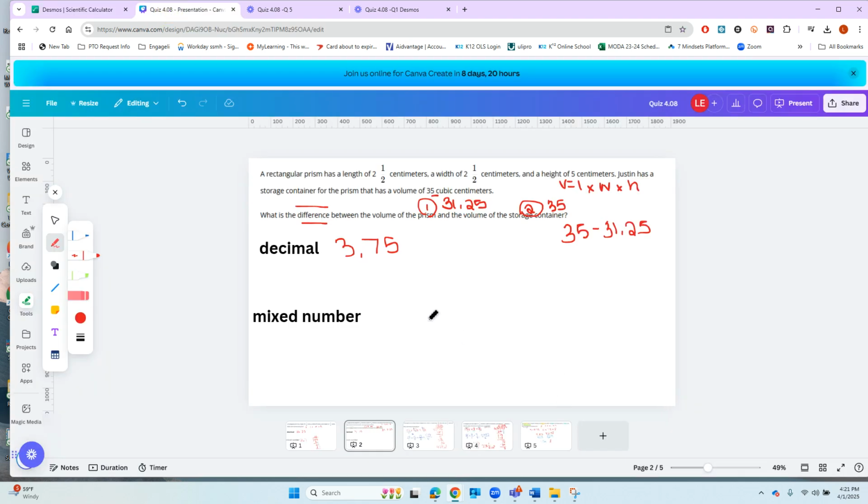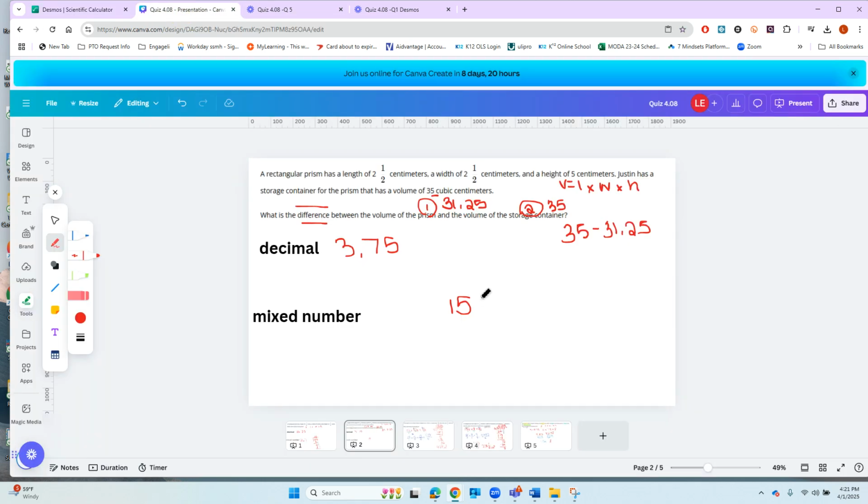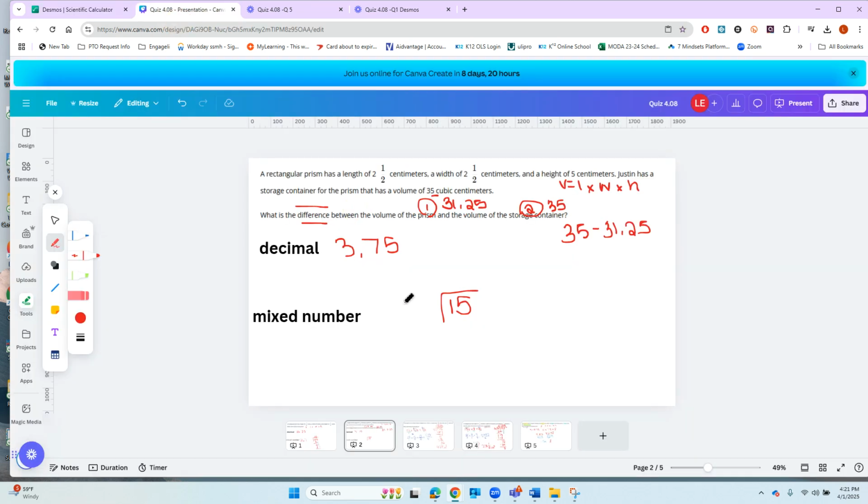So I can use long division to figure out my mixed number. So we had 15 over 4. And so remember, our fractions are division problems as well. So the top number is being divided by the 4.